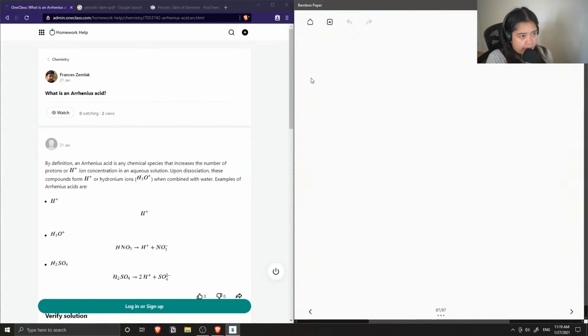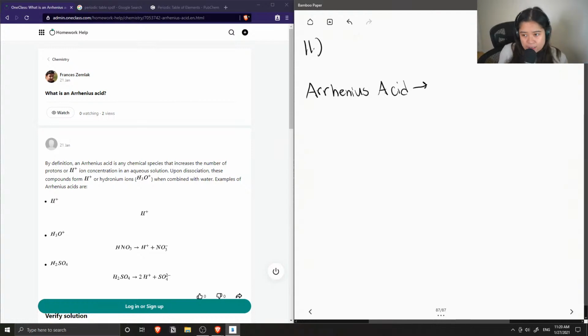Okay, question number 11. What is an Arrhenius acid? So there are different ways we can categorize acids. We can have Arrhenius acids, Lewis acids, or even Bronsted-Lowry acids.